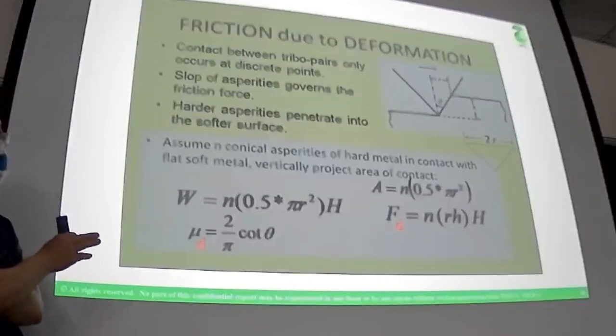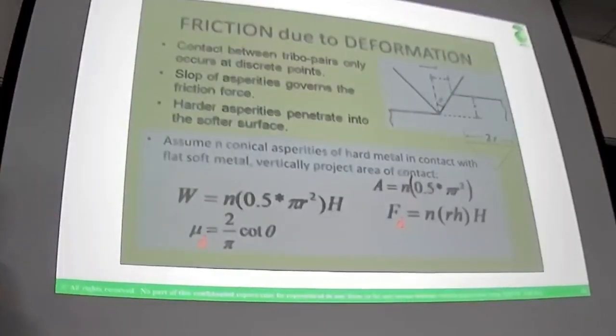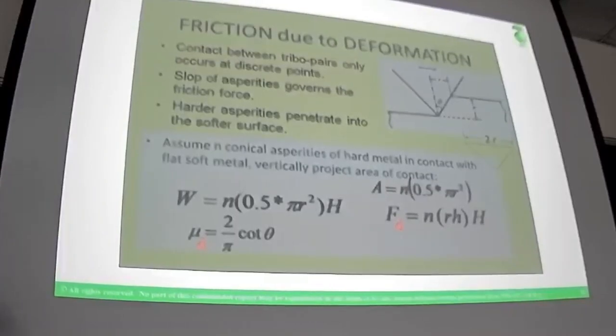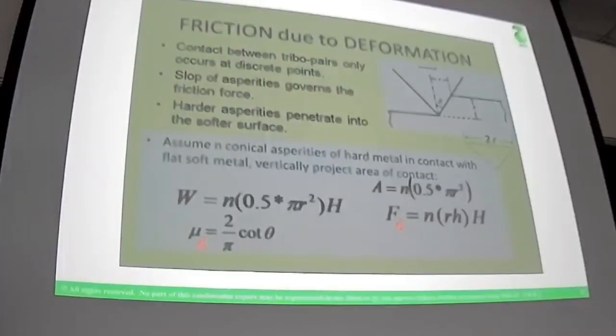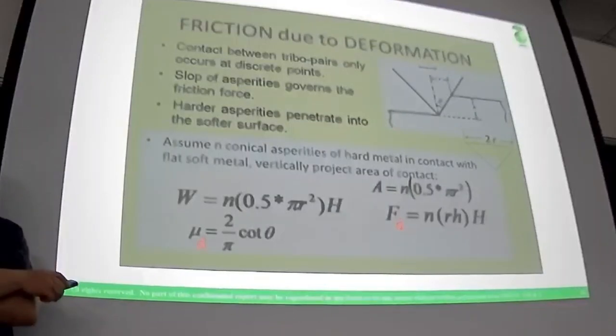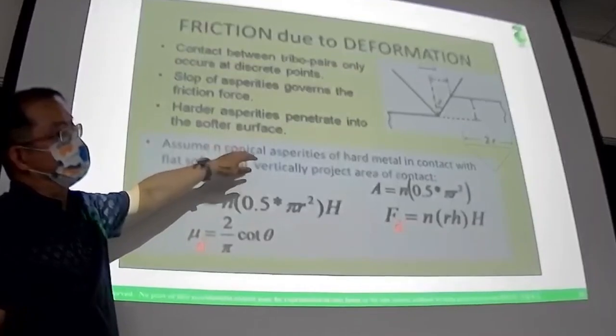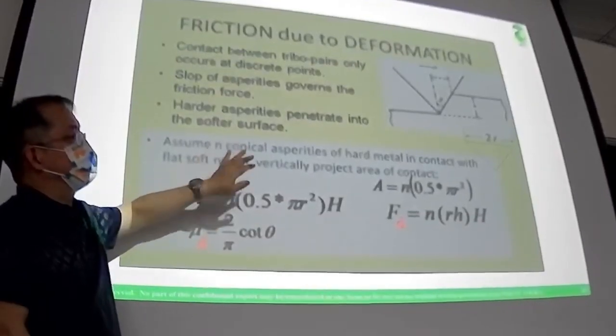So now we are going to find the empirical formula for the friction force due to deformation. Okay. So we assume in the first place the asperity is a conical asperity.